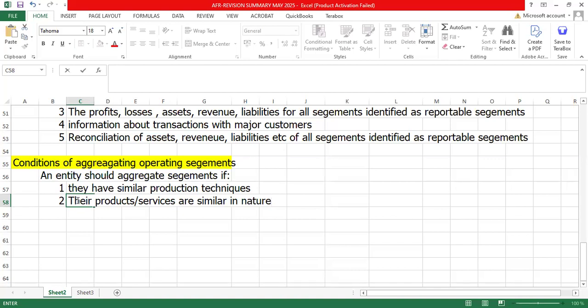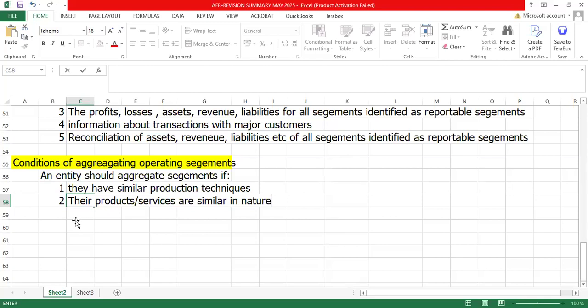For professional courses, they can aggregate ACCA and CPA and report that as a single segment, because ACCA and CPA could all be categorized as professional courses.